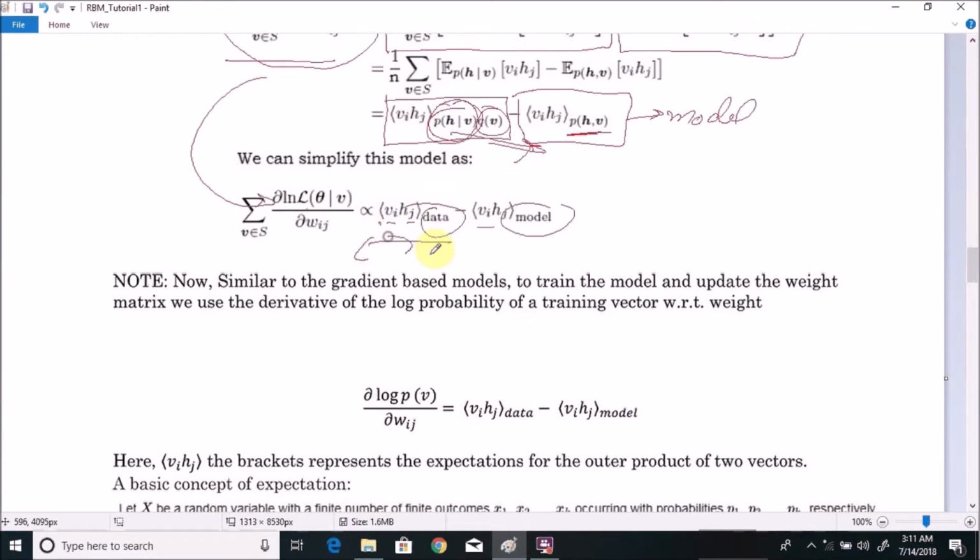This bracket sign represents the expectation. So now let us learn what expectation is, and what the further step will be to get quick learning.